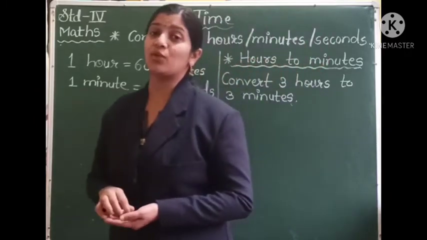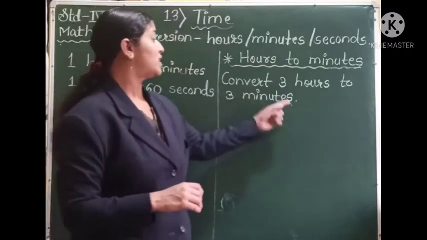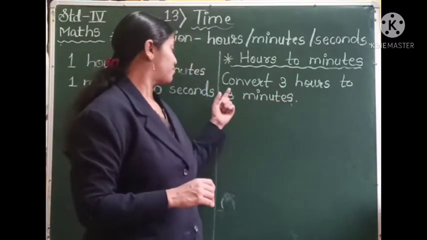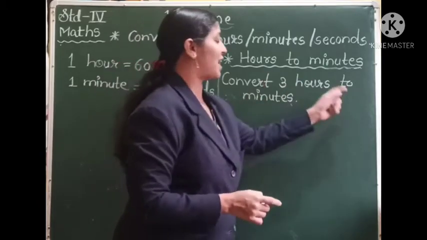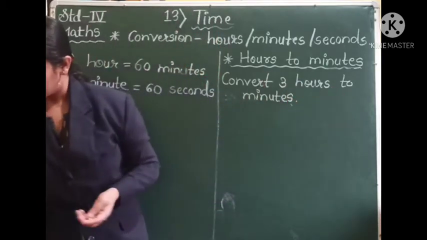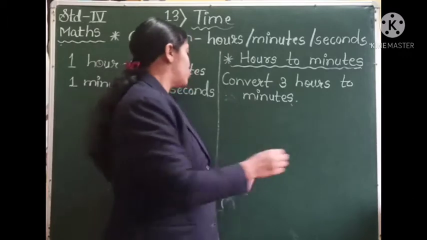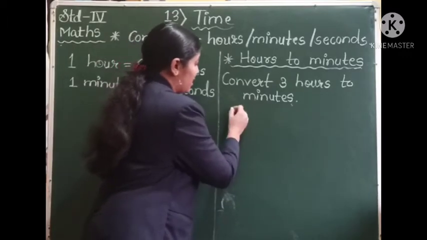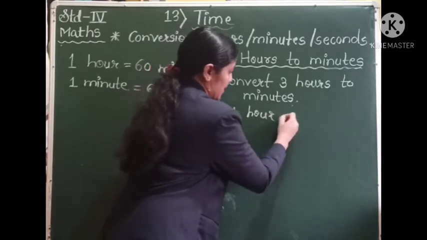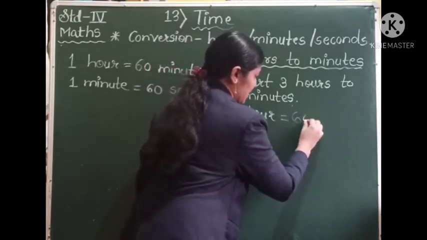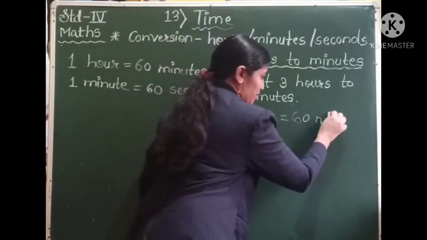Now let us take one example. Convert 3 hours to minutes. As we have already learned, 1 hour is equal to 60 minutes.